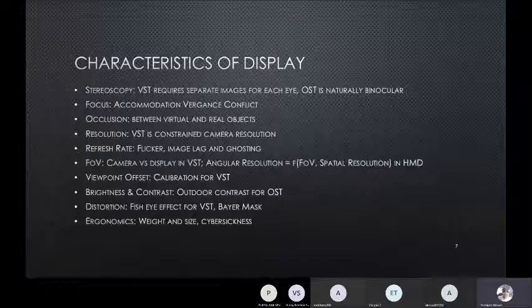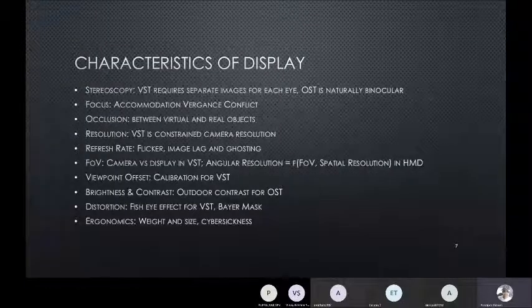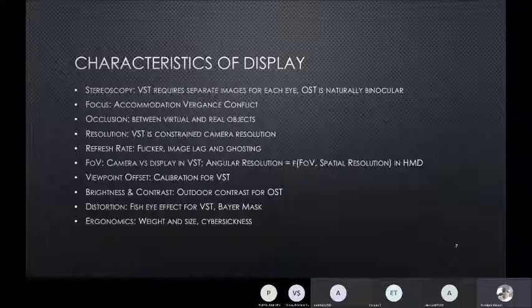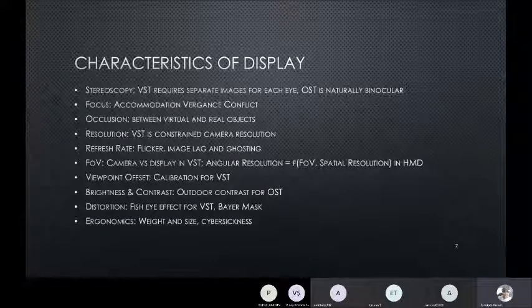On the other hand, we are creating some synthetic objects on top of the real object, and that usually occurs at a different z-axis or different depth than the original object.